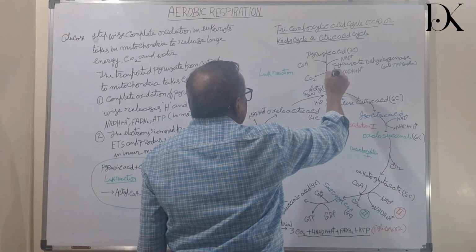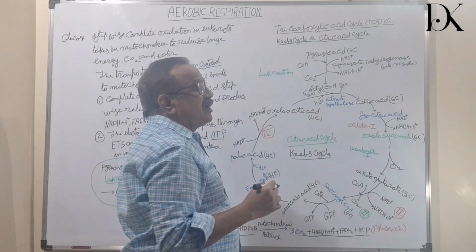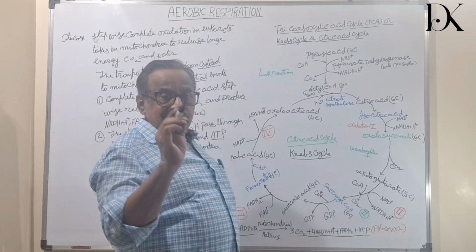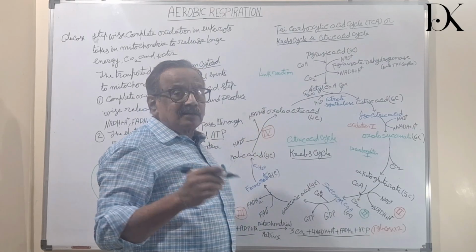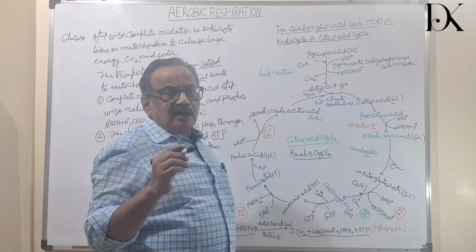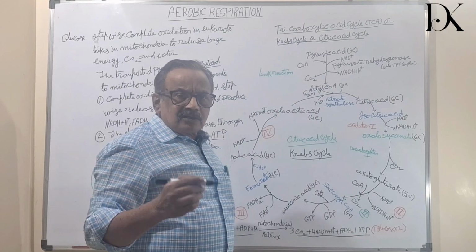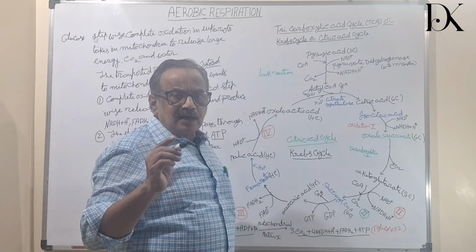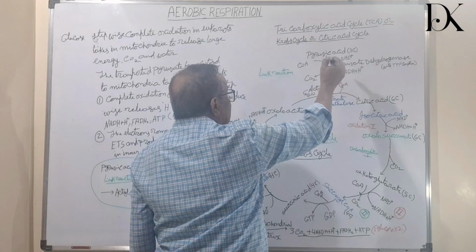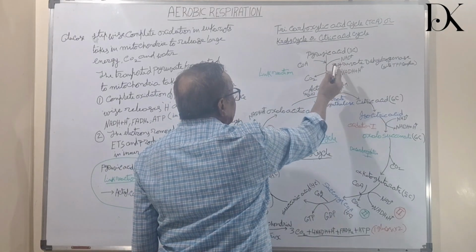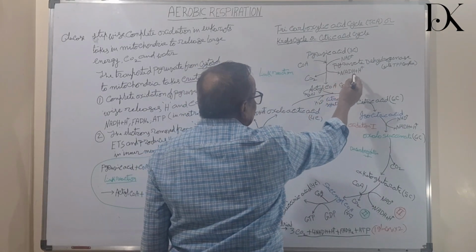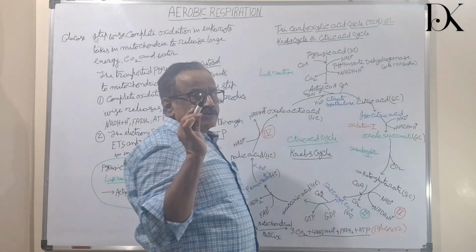So how does this reaction go? Here pyruvic acid is oxidized. The first oxidation in the mitochondria, which they will ask about, is the conversion of pyruvic acid to acetyl coenzyme A. Oxidation means releasing energy, sending out hydrogen, or sending out electrons. So hydrogens are sent out and taken by NAD plus, which is reduced to NADH plus H plus.